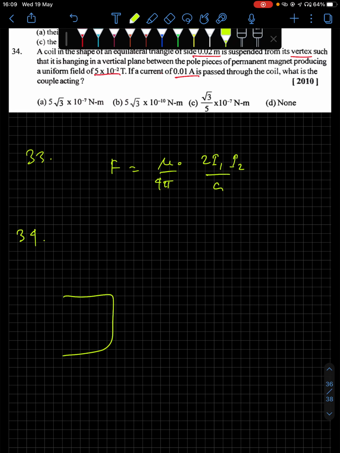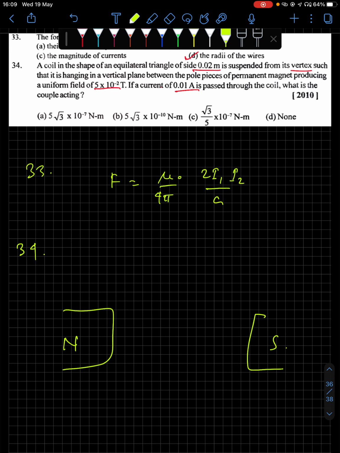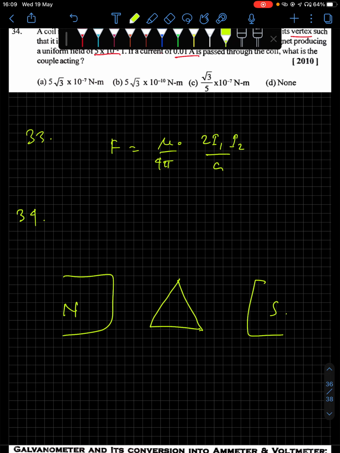So here the situation is like, this is the north, this is the south. So it is hanging in this manner, right? So the lengths are given.